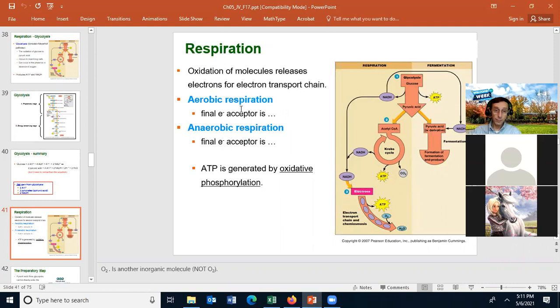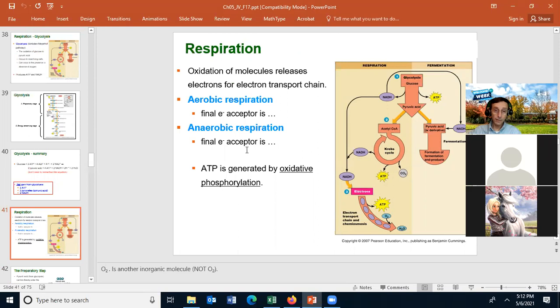Now, aerobic respiration uses oxygen as the final electron acceptor. So the electrons that flow from glucose flow to oxygen in aerobic respiration. Anaerobic respiration is similar, except the final electron acceptor is another molecule other than oxygen. Any question about that?